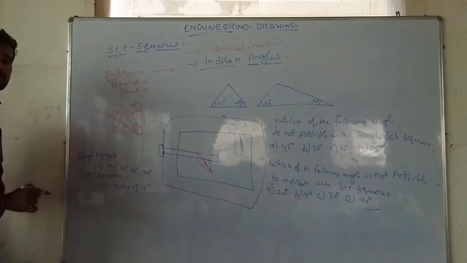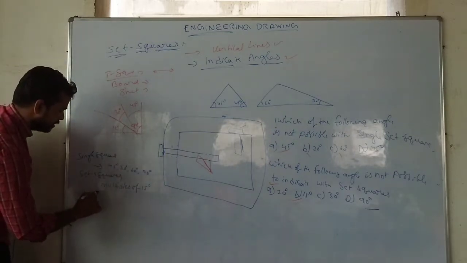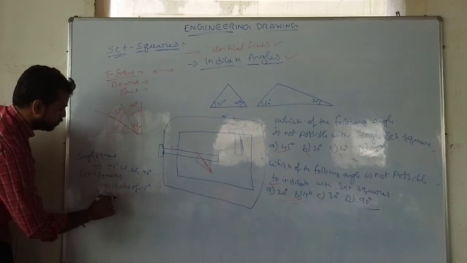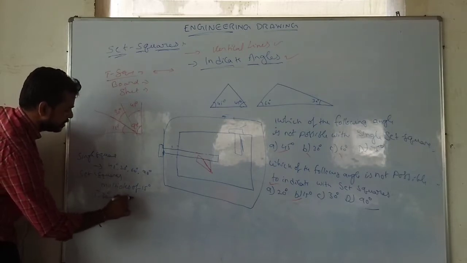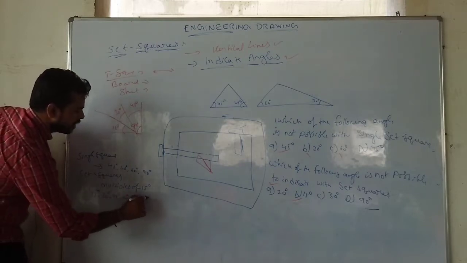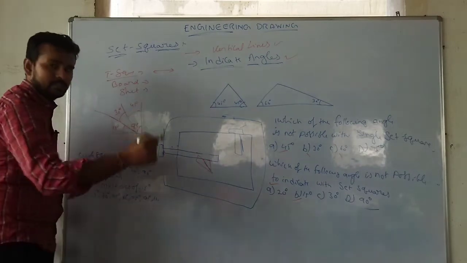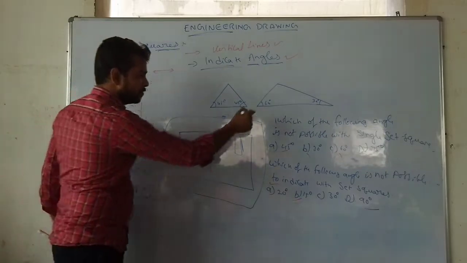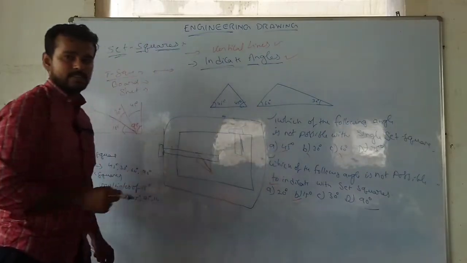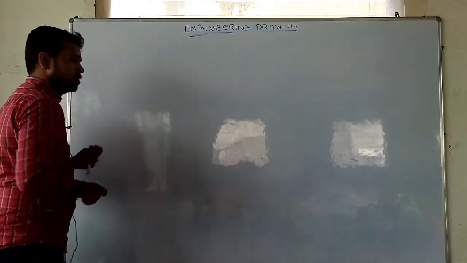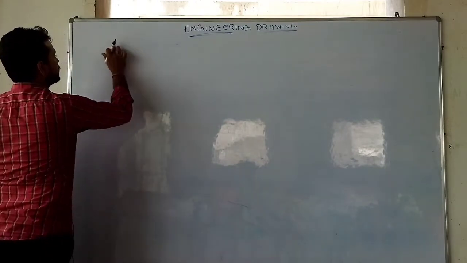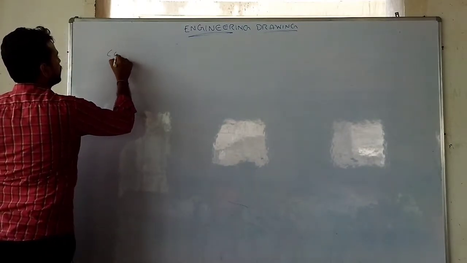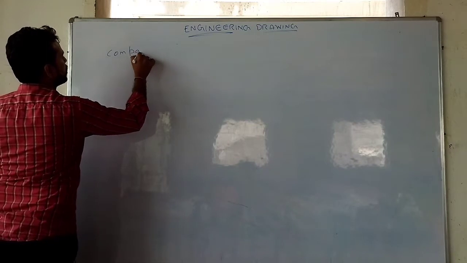In terms of the multiples of 15 degrees, like 15 degrees, 30 degrees, 45 degrees, 60 degrees, 75 degrees, 90 degrees, like that. Okay, and so on. Okay, this is about set squares. You might get a question like this from the set squares. So the next drawing instrument is compass.